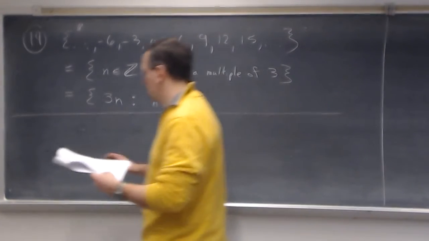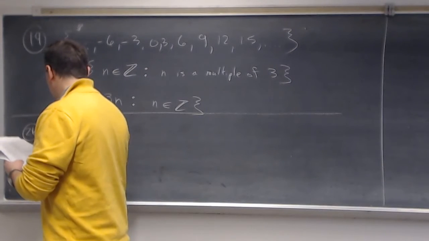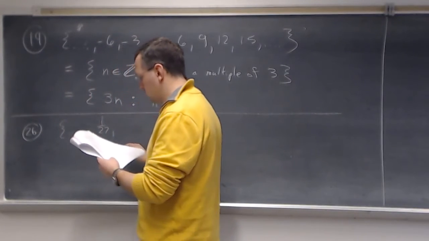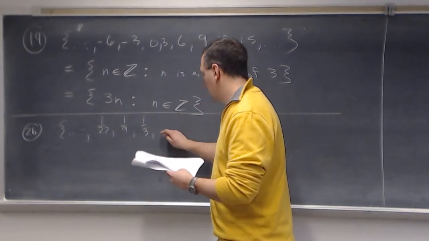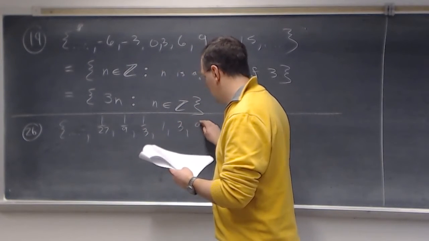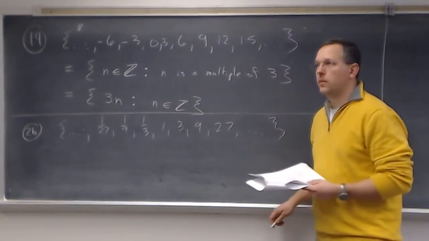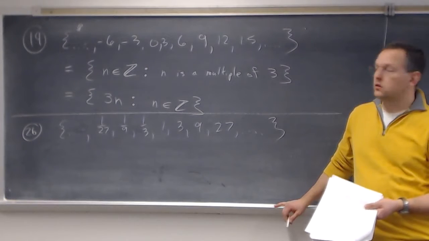Okay, how about this? This is number 26. Dot, dot, dot, 1/27, 1/9, 1/3, 1, 3, 9, 27. You probably recognize this has something to do with 3 as well, right?